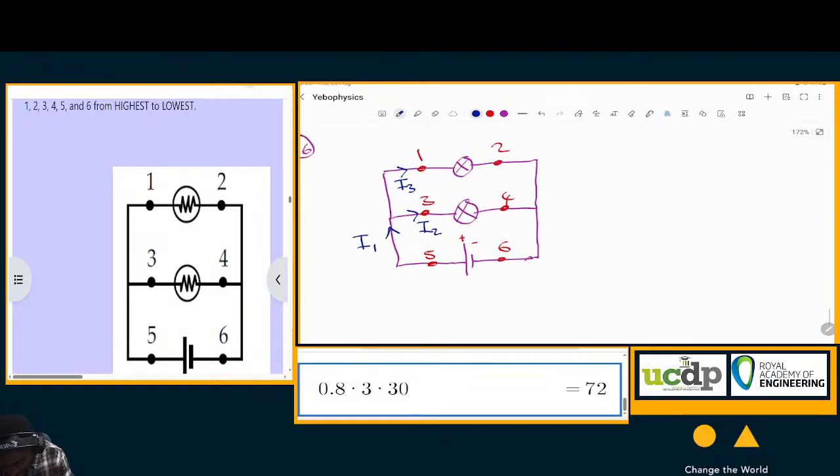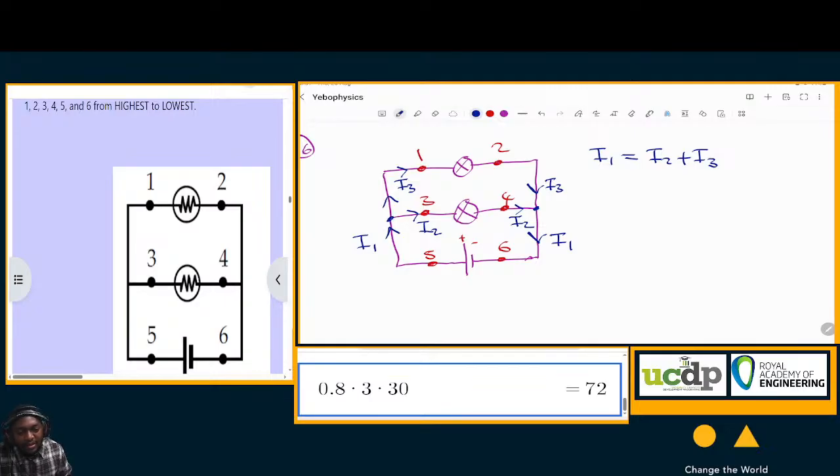Meaning to say I1 is equal to I2 plus I3. So there, I3 and I2 combine at that junction to give I1.